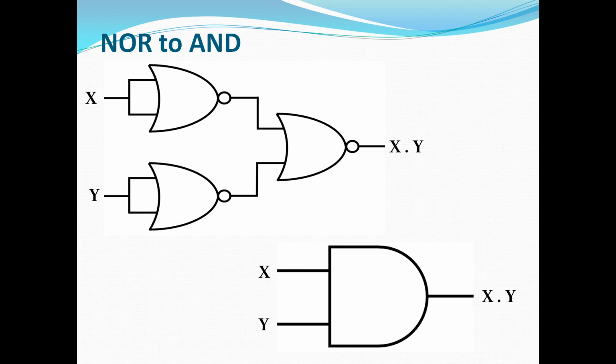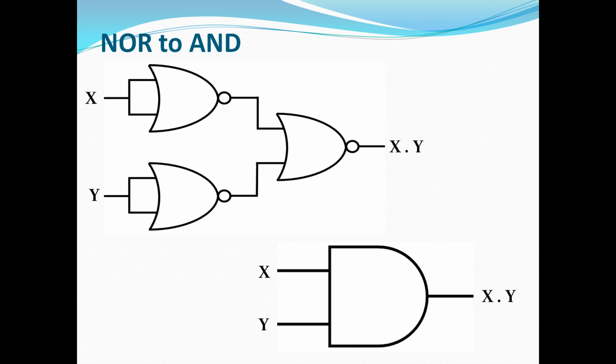But if you want to implement the AND gate using NOR, we have to connect three NOR gates together. The output is the same and the number of inputs is also the same.